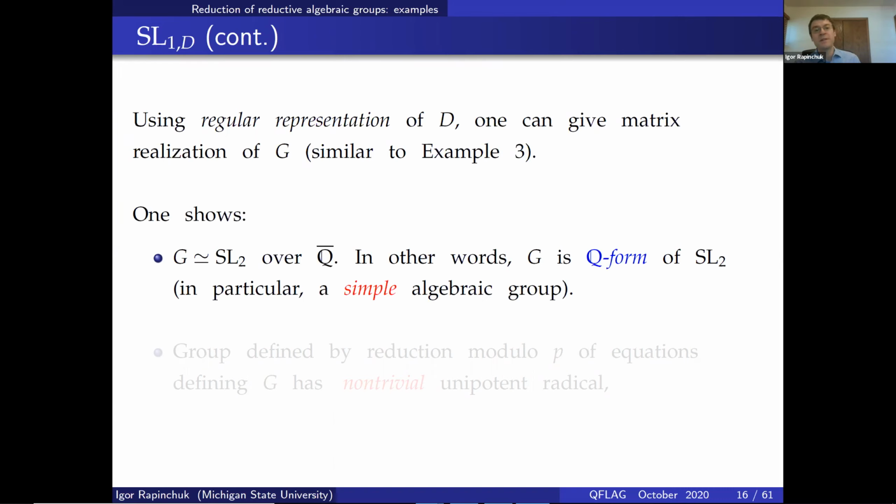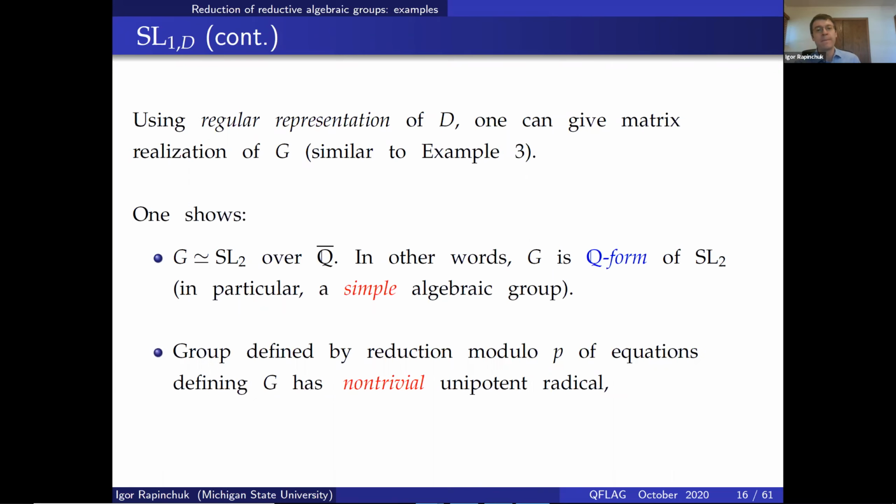So in particular, it's a simple algebraic group. And furthermore, if we take the system of equations that we get from our matrix realization and reduce this system modulo p, we get a group which has a non-trivial unipotent radical. So in particular, it's not reductive. Okay, so again, just as in the previous example, the behavior of our group changes radically when we reduce modulo p.